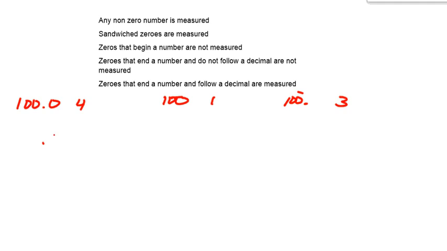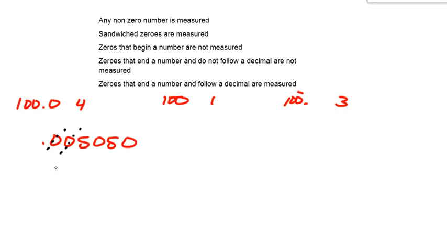So let's say I've got 0.005050. Again, we're indicating the precision of our measurement, which digits are assumed to be significant or measured. I've got zeros in the front, so automatically I'm just going to draw a little dash line. We know that they're not going to count as measured zeros. They're still important.